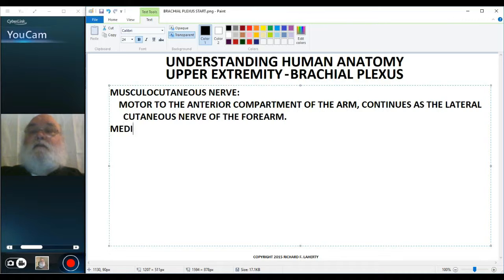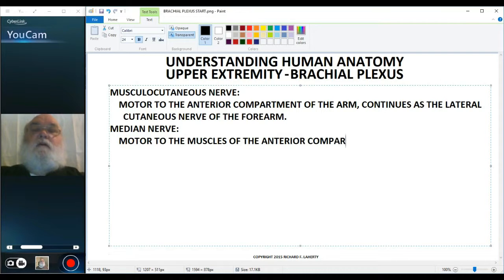The median nerve. The median nerve is motor to the muscles of the anterior compartment of the forearm, except for 1 and 1/2 muscles.